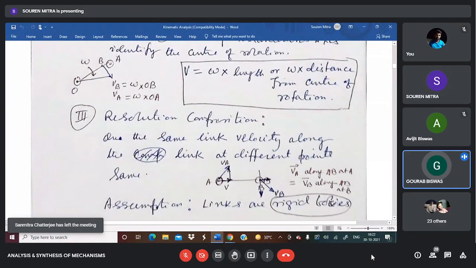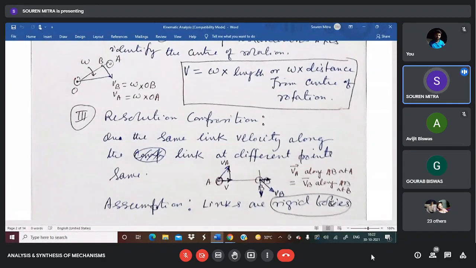Sir, velocity along the link will remain the same? Yes, along the link it has to be the same. But perpendicular components will be different. And you can also see over here, perpendicular components will be different because of the rotational speed. Like this, say, if it is a fixed member, it is a center of rotation. So what is the velocity here?